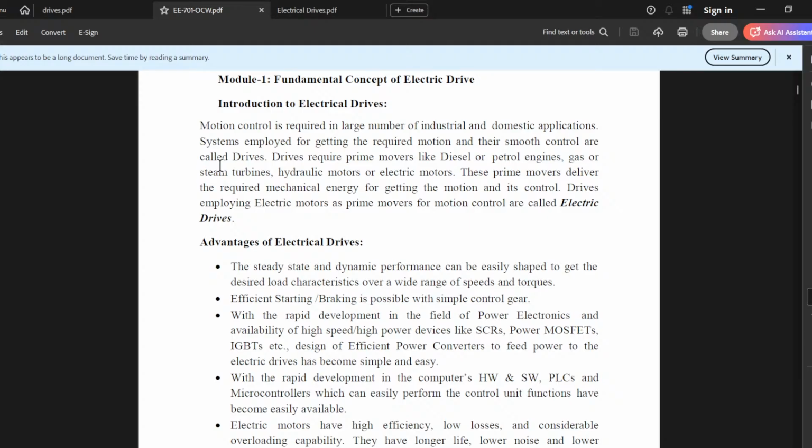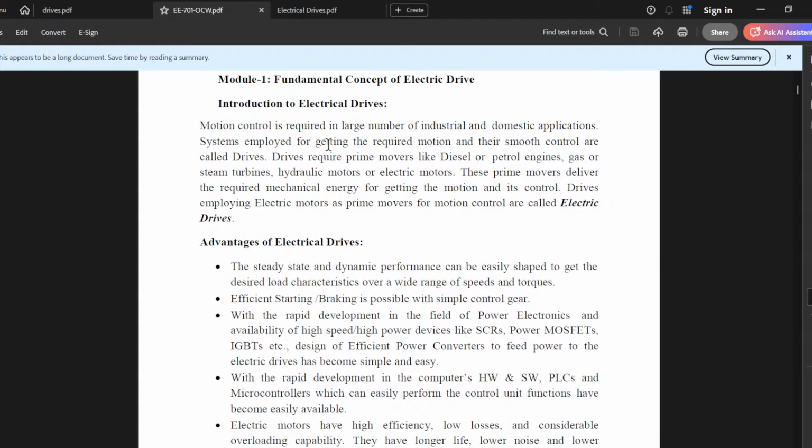The drives require prime movers like diesel or petrol engines, gas or steam turbines. These are prime movers. Prime movers means these are the starting sources. You can't generate electricity from thin air. We can classify non-electric motors as drives. So that is just drives, not electric drives.